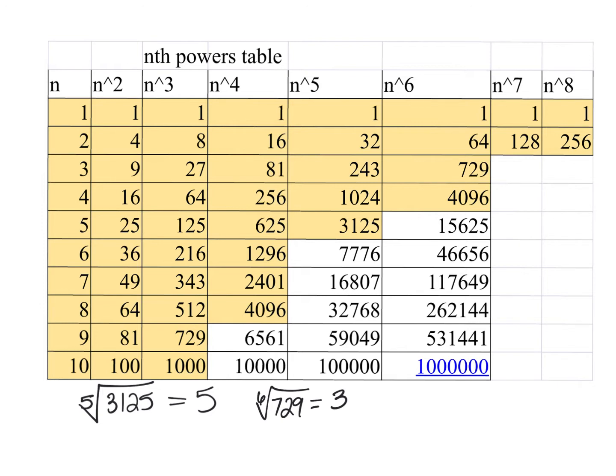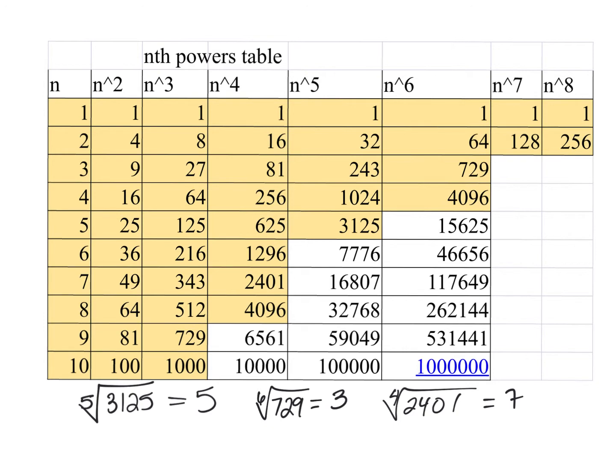So if I asked you, what is the fourth root of 2401, what would you answer? 7. Okay, so this table you're going to keep in your notes and use for reference, and we'll keep the poster up on the board as well.